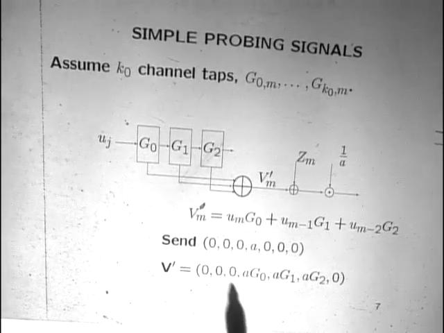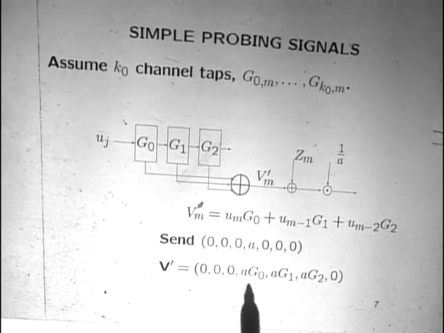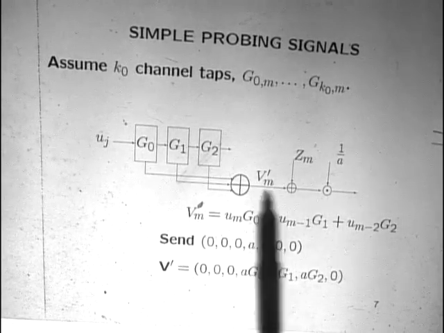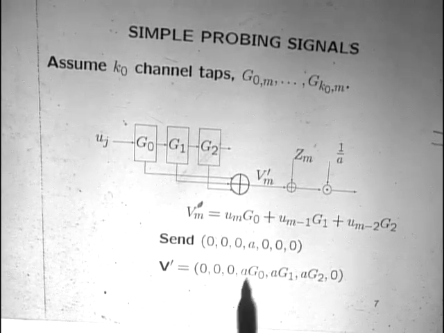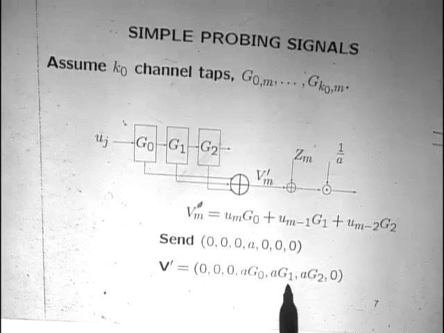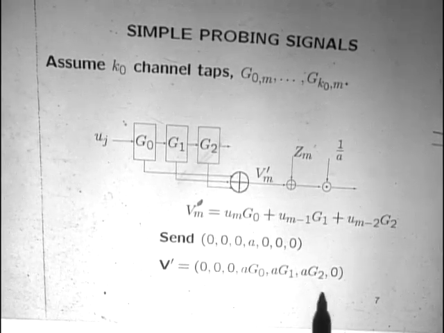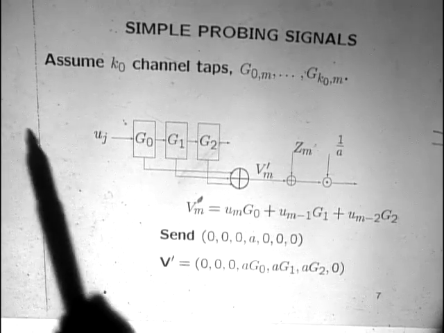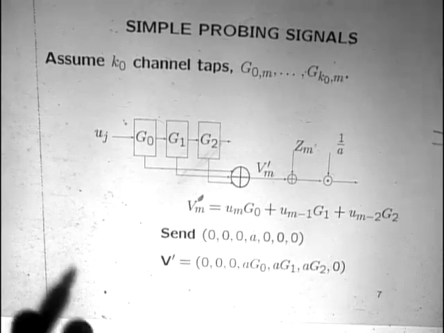Well, at the point that this big input comes in, we get A G0 out at the time that you put in A. I mean, we're leaving out propagation delay here. We get A times G1 the next epoch, and A times G2 the next epoch, and by that time the input is completely out of the filter, and we get zeros after that.